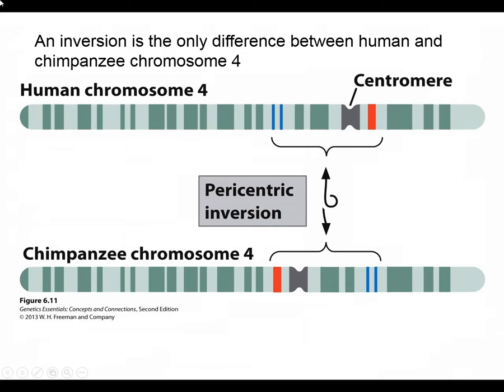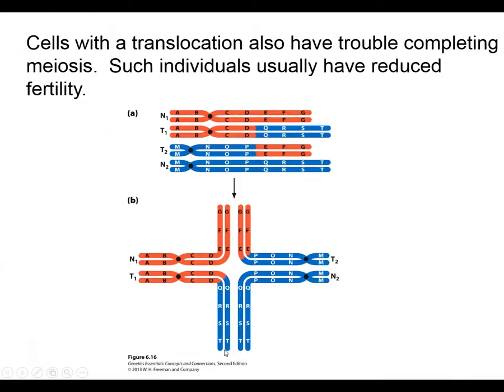But you can see that what they're trying to show you here, and what's true, is that human chromosome 4 is only different from chimpanzee chromosome 4 by a single pericentric inversion, which you can see in this section here. Other than that, the chromosomes are the same. So during evolution, inversions can separate groups into different species, for example.